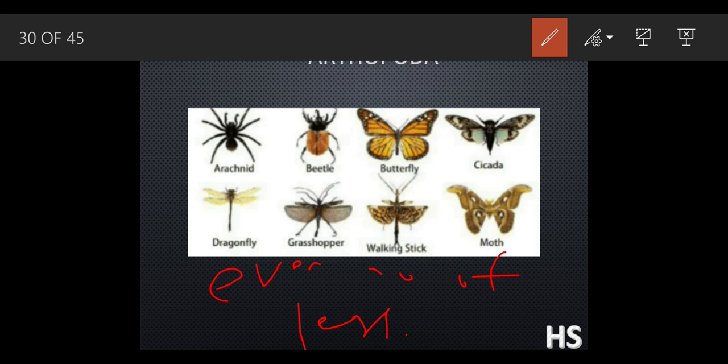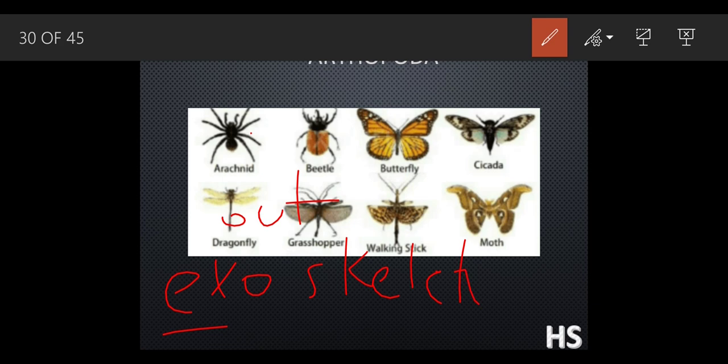This arthropoda class, as I said, is considered as having the jointed leg. Their exoskeleton is made up of chitin. Okay, what do you mean by the exoskeleton? The exoskeleton means the covering. Okay, exo means outside. Their exoskeleton is made up of a biomolecule substance that is called chitin.